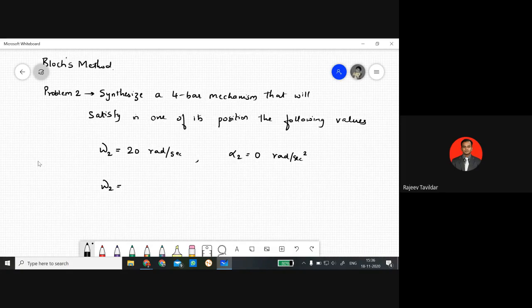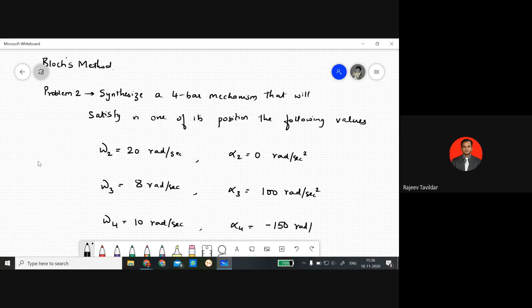Omega 3 is given as 8 radians per second, and alpha 3 is 100 radians per second square. Omega 4 is given as 10 radians per second, and alpha 4 is minus 150 radians per second square.